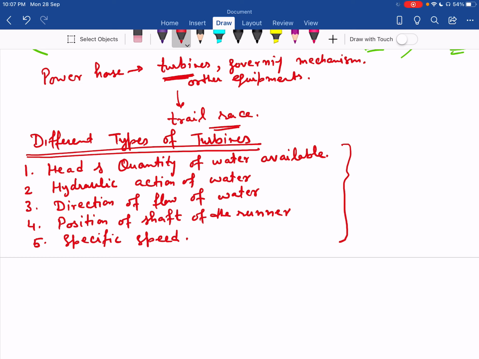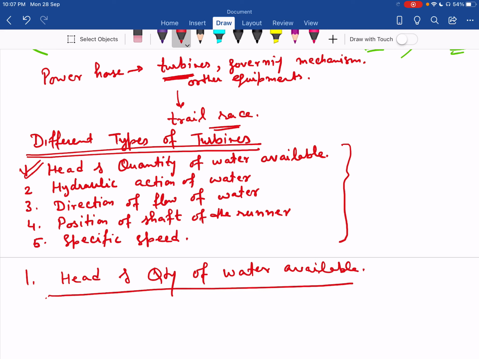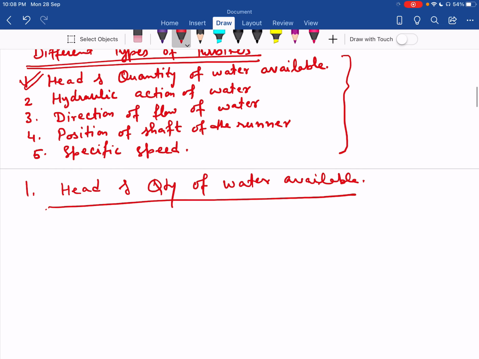So now we take the first one, on the basis of head and quantity of water available. On the basis of this factor, we have three different types of turbines.